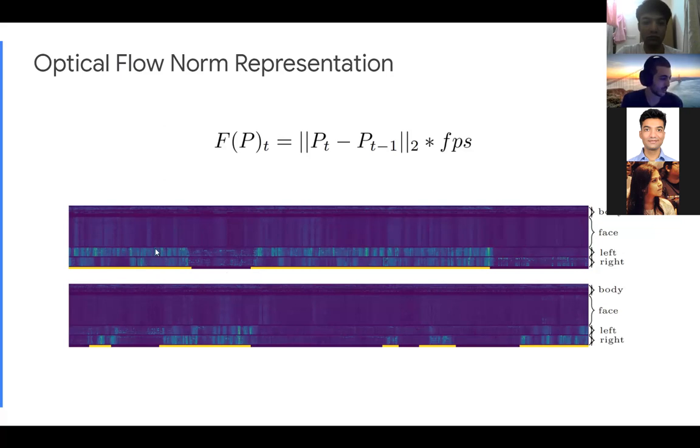When there is a lot of movement, the bluish areas, they correspond really well to the signing annotation. And when there is not much movement, there isn't signing.